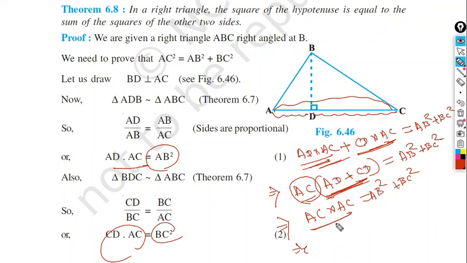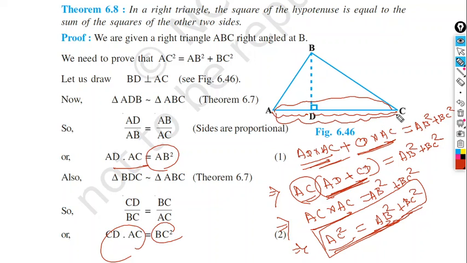AC into AC is your AC square. So AC square equals AB square plus BC square. Okay, so we got the required statement. Which AC? AC is the hypotenuse of triangle ABC. Which AB and BC? AB and BC are the base and perpendicular.